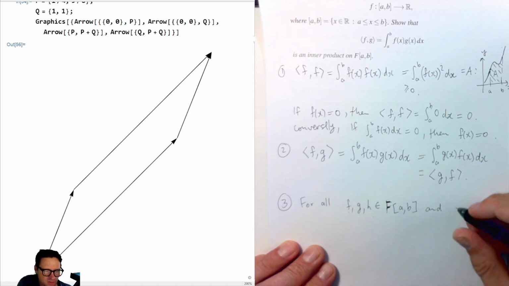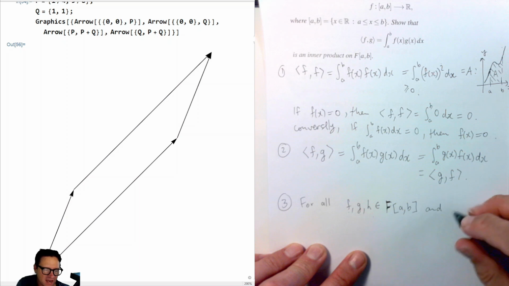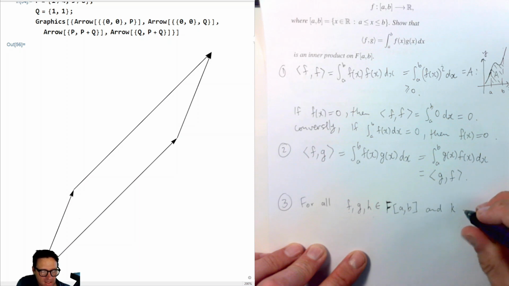And let's choose some scalars, or a scalar k in the field of scalars.